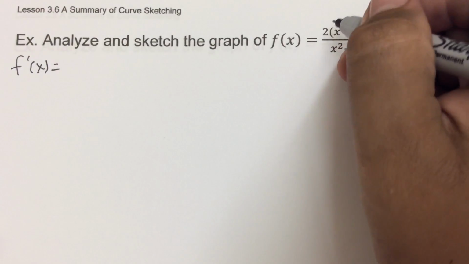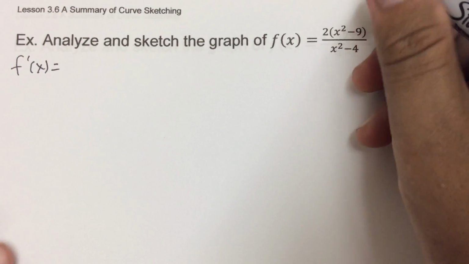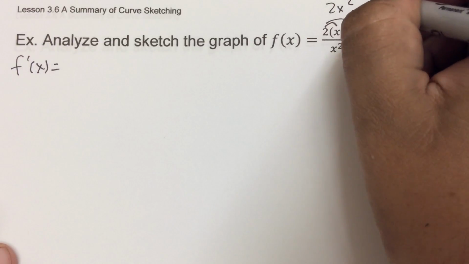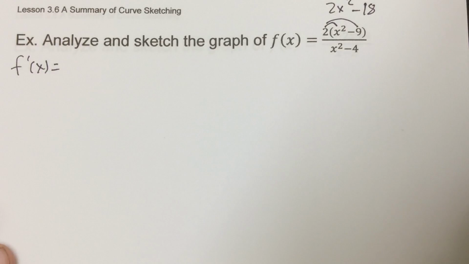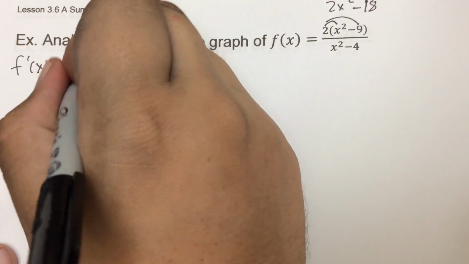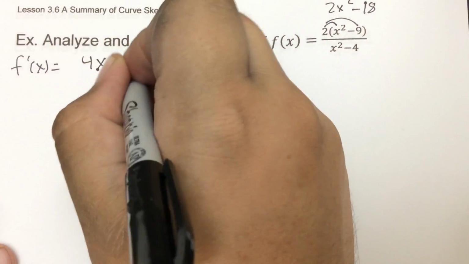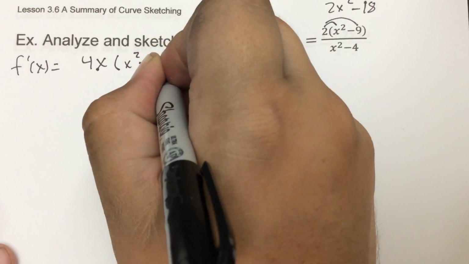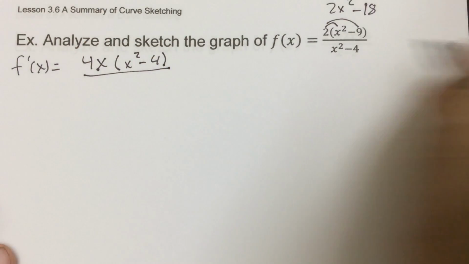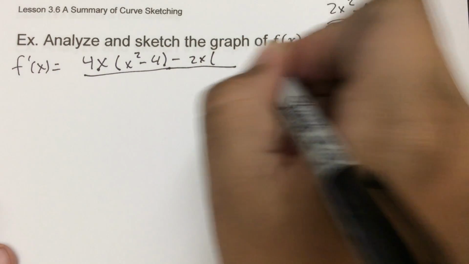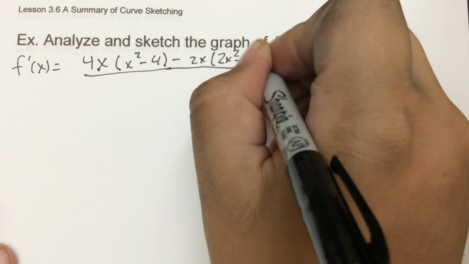I'm going to distribute this in just so this is easier. 2x squared minus 18 is our top. So for the derivative, we're going to have to do the quotient rule. The derivative of the top would be 4x times the bottom of x squared minus 4, minus the derivative of the bottom, which would be 2x times 2x squared minus 18.